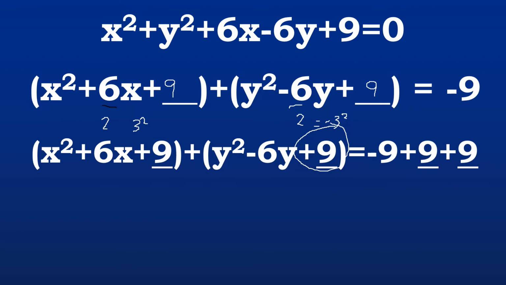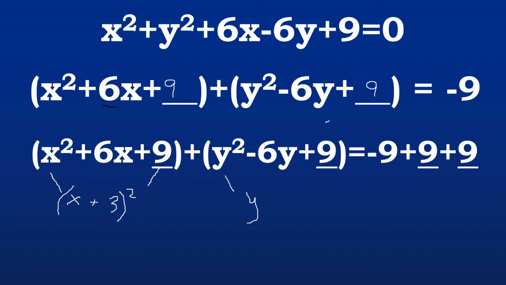Let's erase lang. Then, sulat na natin yung standard equation ng circle. So, paano ulit gagawin? You get the square root of x squared, magiging x yan. Get the square root of 9, yun ay 3. So, plus ang sign niya. X plus 3 squared. And then, dito sa kabila, you get the square root of y squared, yun ay y.